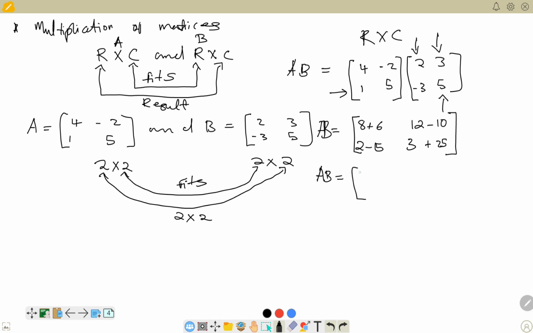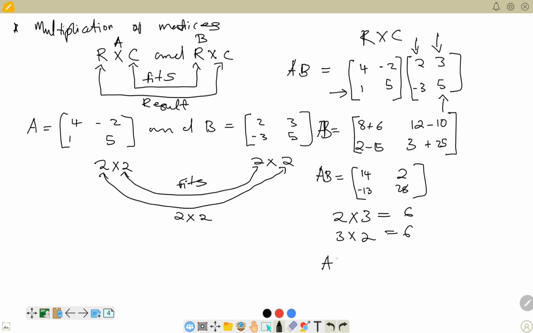So what we need to do now is to add those numbers that are inside there. 8 plus 6, we get 14. 12 minus 10, we get 2. And we can see that the order is actually the same. 2 minus 15 is minus 13. 3 plus 25 is 28. So we know that in mathematics, 2 times 3 is 6, and 3 times 2 is still 6.